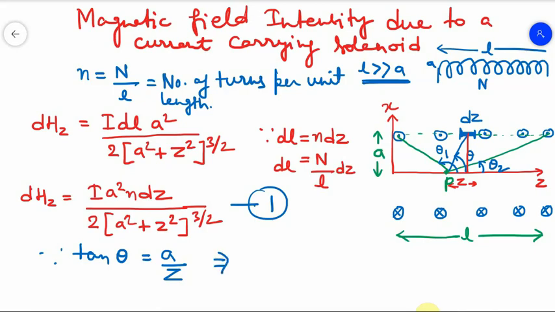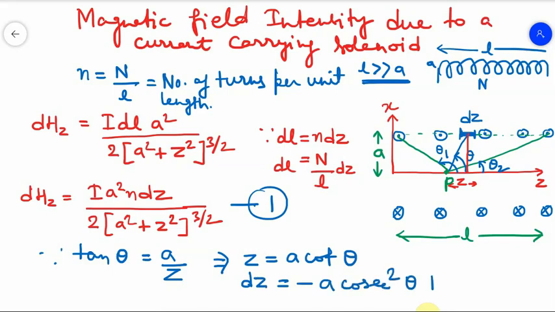Now from here, z will be equal to a cot theta. And if we consider dz upon d theta, then dz equals minus a cosec square theta into d theta. Let this be our second equation.